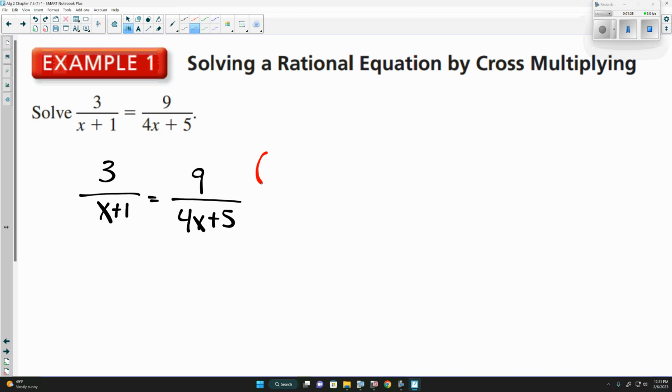Because if we look at the 9 over 4x plus 5, if we multiply this fraction by 4x plus 5, what's going to happen? It's going to cancel out with the denominator. Over here, if I multiply the one on the left by x plus 1, these will cancel, yes? But if we do it on one side, we have to do it on the other.